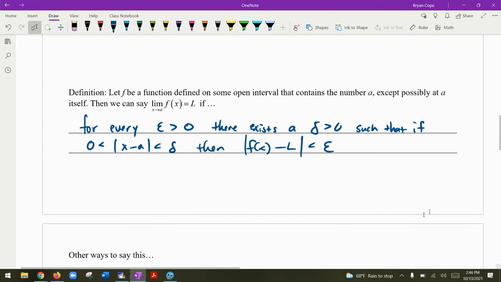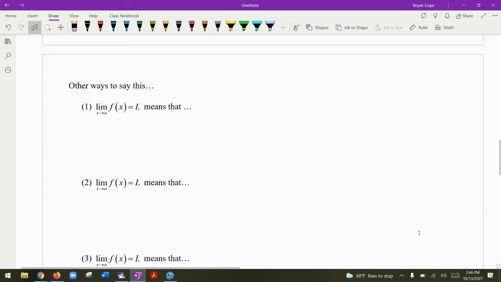And then there's 3 other ways that I saw in our text that I wanted to make you aware of. So other ways to say this, other ways to understand what this is saying.